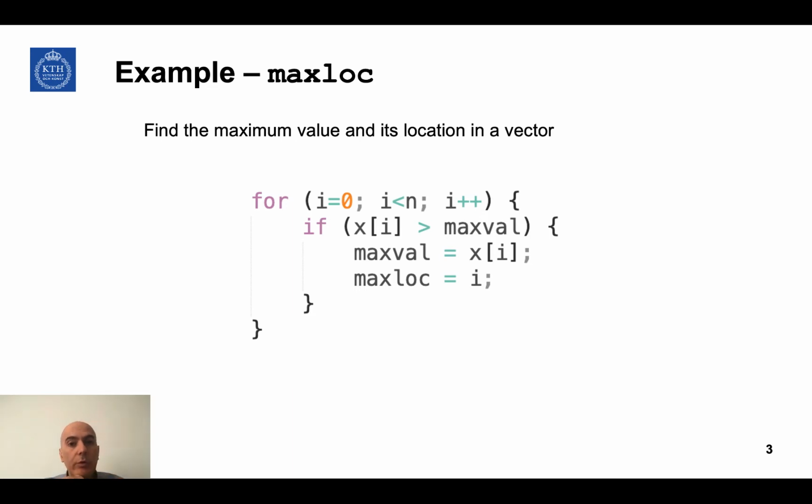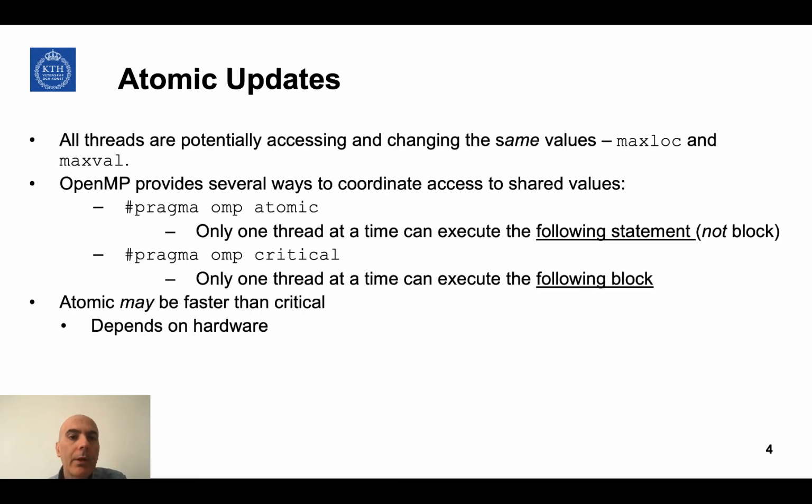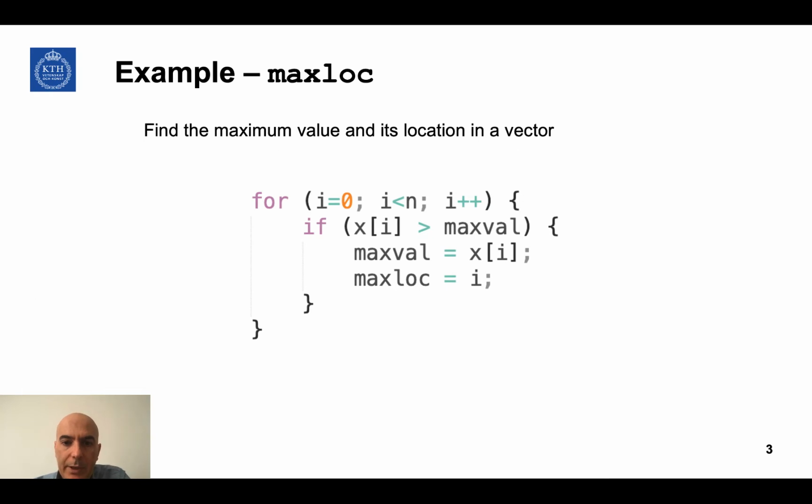So we go through the whole array and find the maximum value and the location of the maximum value. This is rather simple. We need to think about how to parallelize.